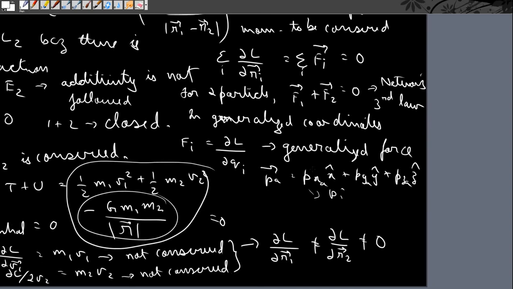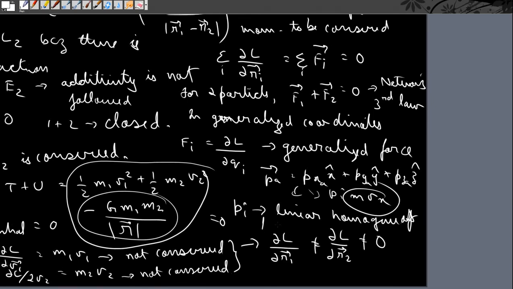However, in Cartesian coordinates this has the form mv_x, but this is not true in the case of our generalized momentum, and all we can say is that the generalized momentum is a linear homogeneous function of q_i dot. That's all we can say.